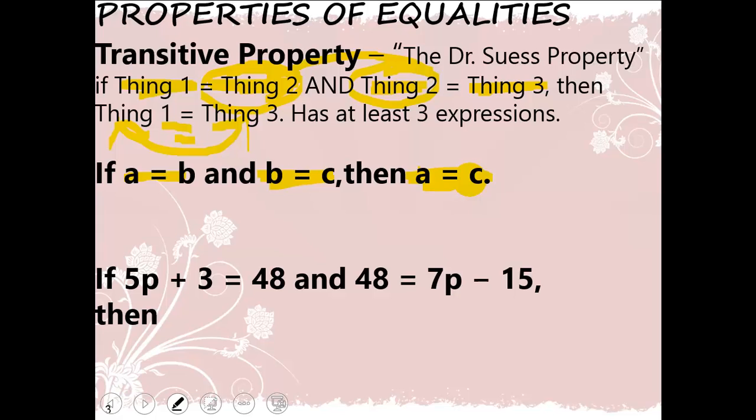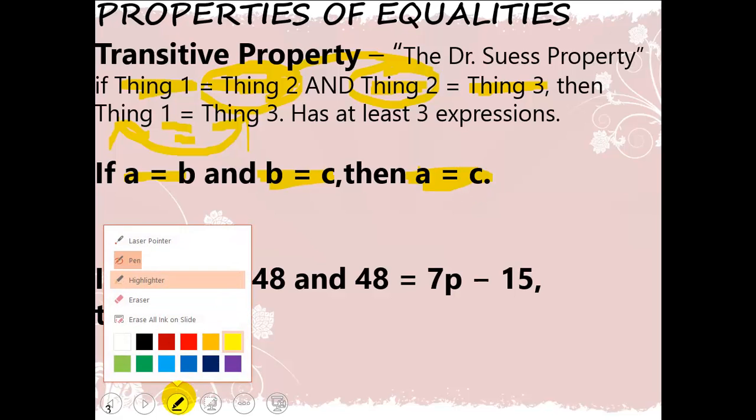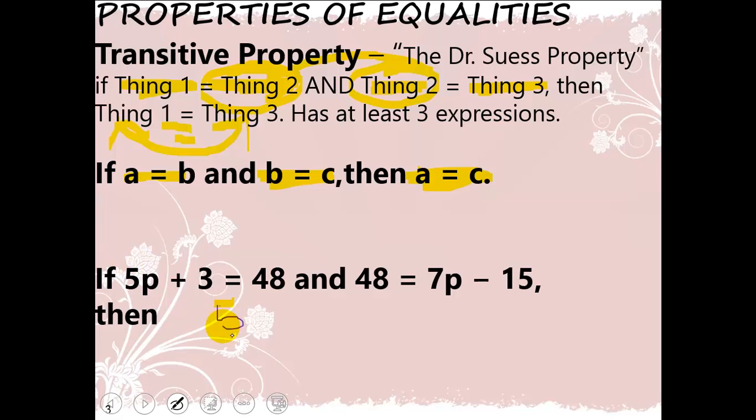Go ahead and hit pause and then come back and check to see if you got your answer right. All right, so that means that 5p plus 3 has to equal 7p minus 15.